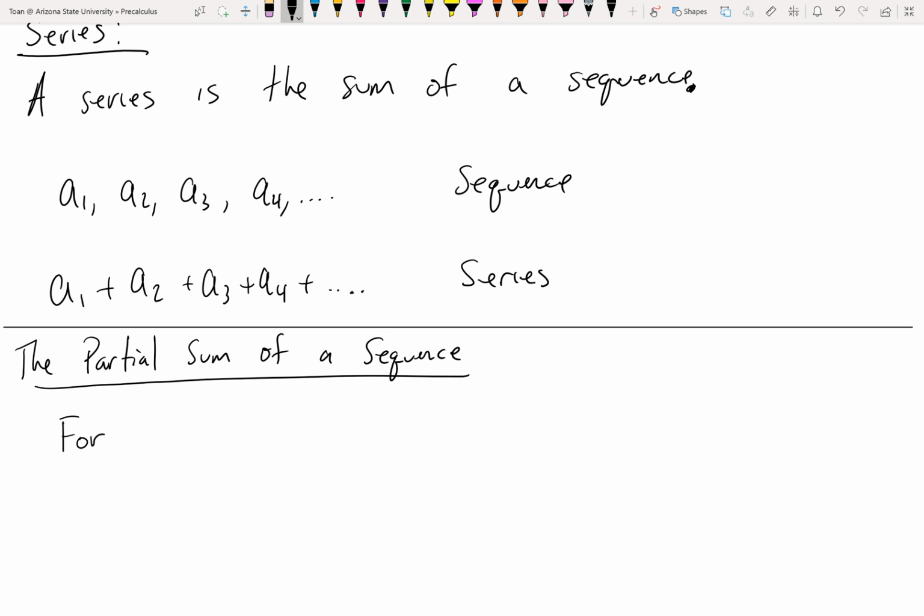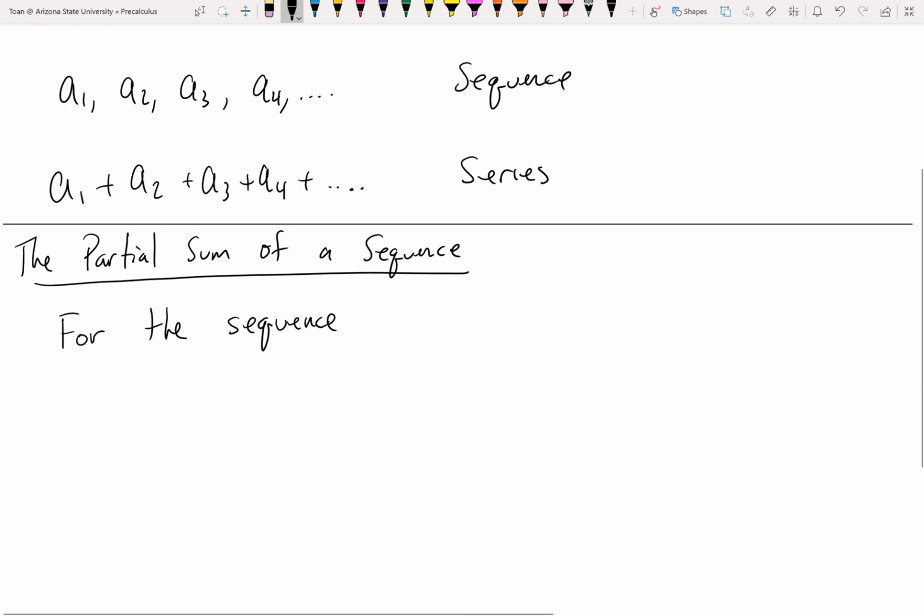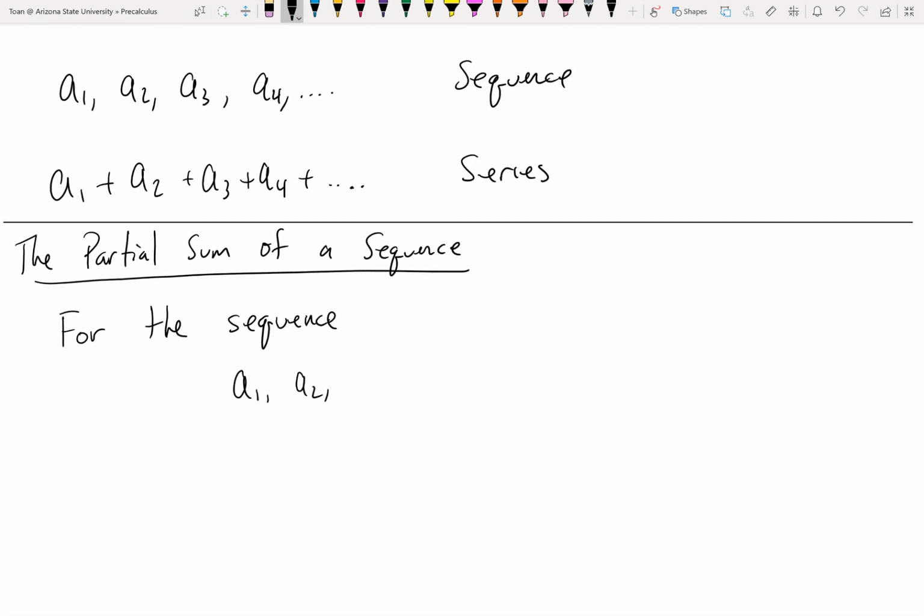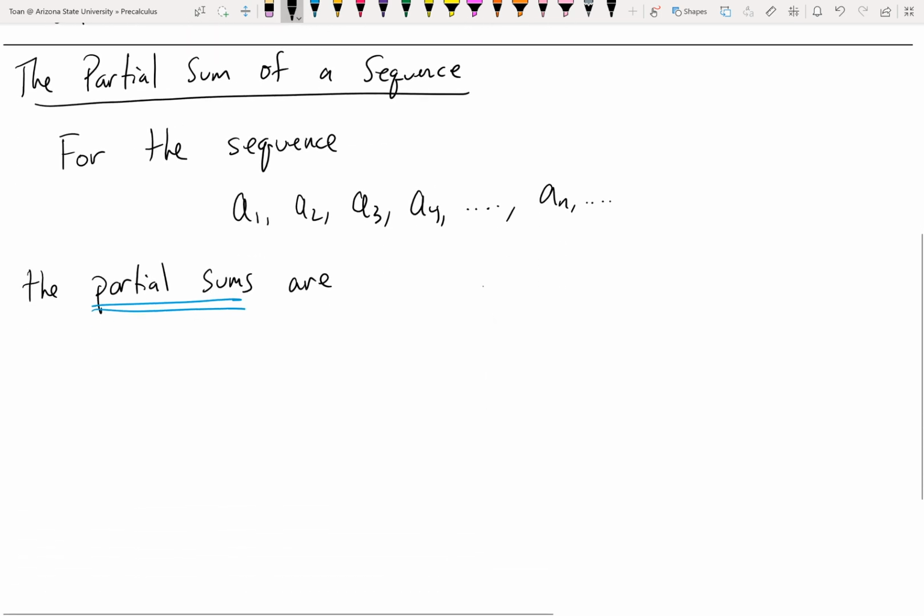So for the sequence, and we're just going to use arbitrary terms, a sub 1, a sub 2, a sub 3, a sub 4, dot dot dot, a sub n, the partial sums are, so that's the math term there, partial sums. We use a capital letter S for sum. The first partial sum is adding up the first one number, which is basically the first term.